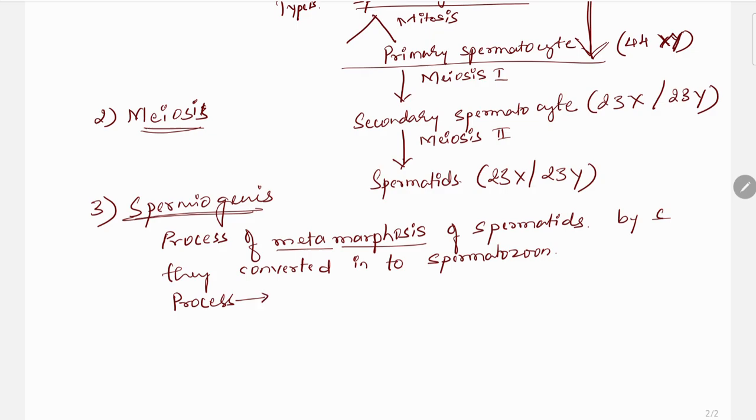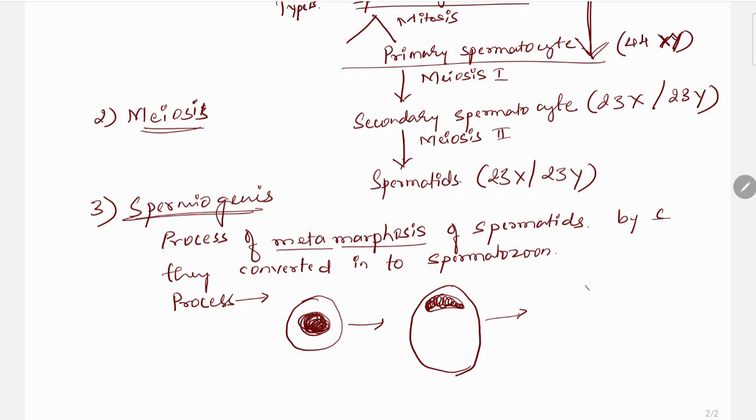See, what is going to happen in this process? The process involves the nucleus condensing. First, this is the spermatid and this is the nucleus. Later, this nucleus will condense and come to one end. This is the cell now. It will come to one end.